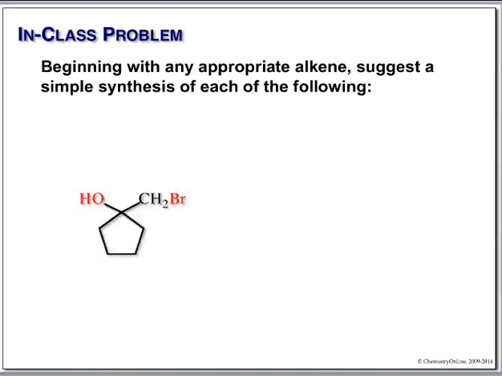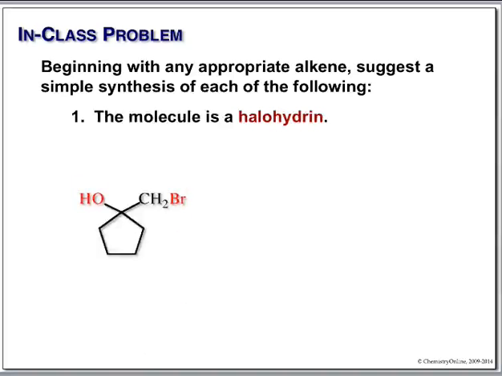Look at it and say to yourself, what type of molecule is it? It's a halohydrin, isn't it? We remember a halohydrin involves a bromonium ion, and the OH group adds to the carbon that would give the most stable carbocation.